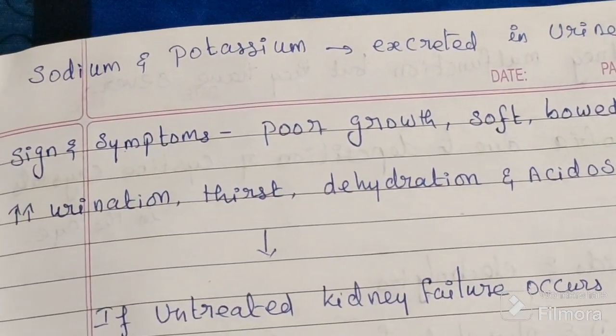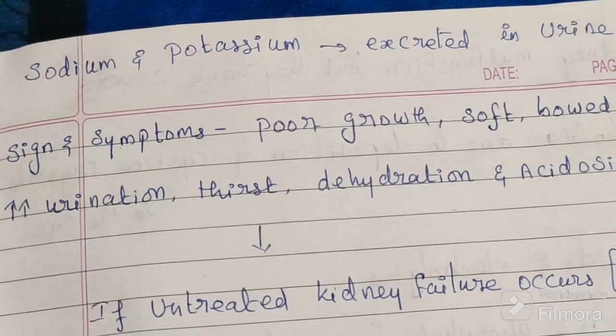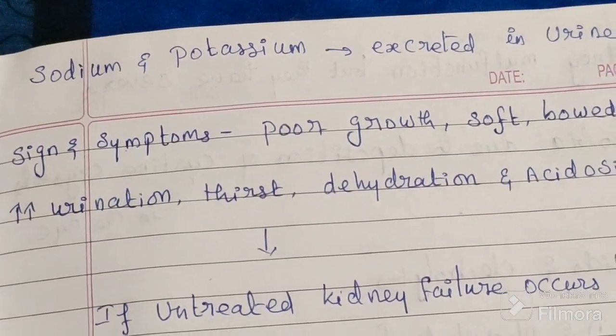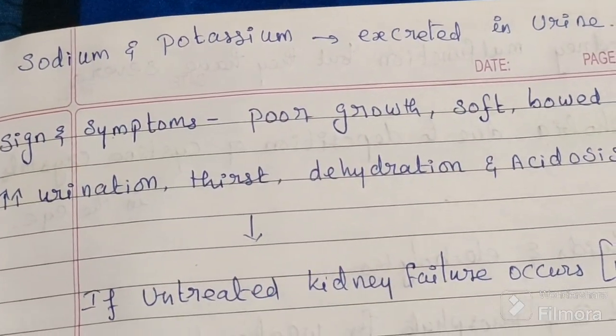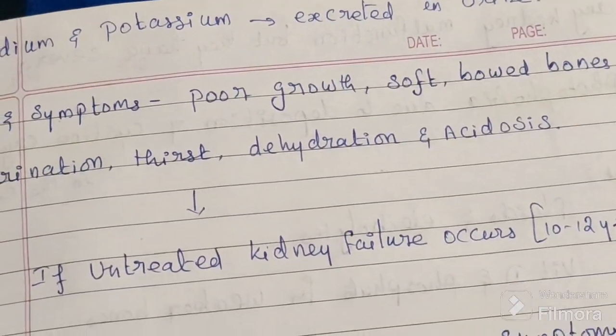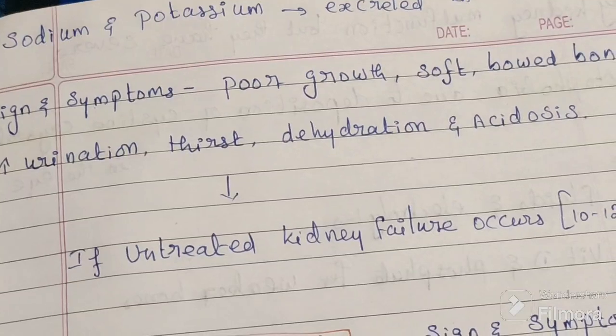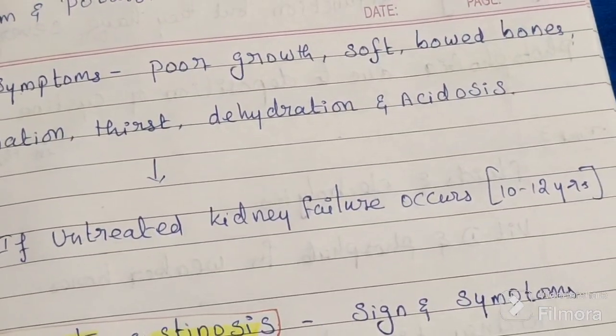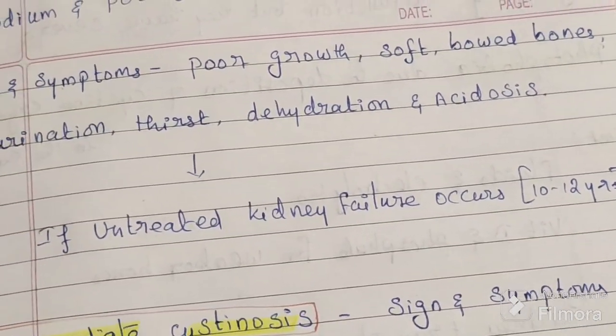Signs and symptoms include poor growth, soft bowed bones, increased urination, thirst, dehydration, and acidosis. If untreated, kidney failure occurs at 10 to 12 years of age.